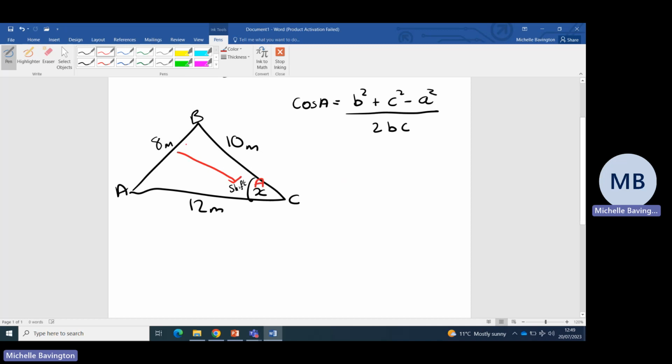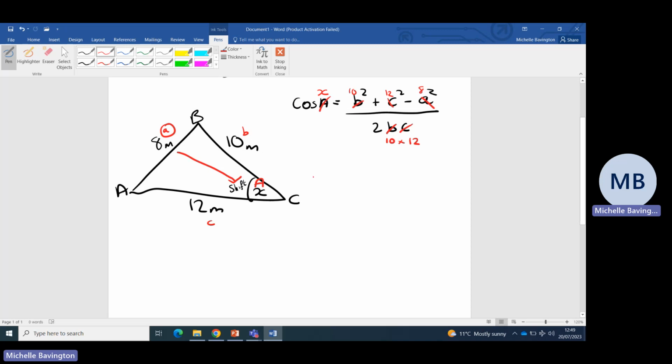That's the big A, little a, and the rest will be B and C. So that's x. Little b is 10, C is 12, A is 8.